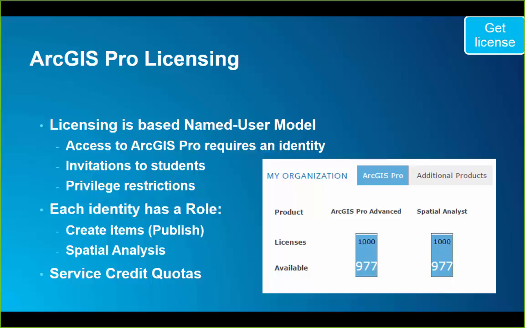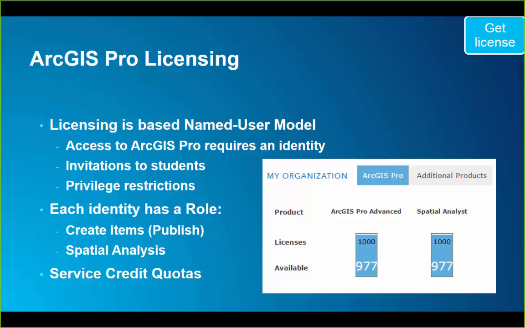To access ArcGIS Pro, it's assumed that you have an identity or a named user account that is part of your school's ArcGIS Online subscription. Once in place, your school's ArcGIS Online administrator can assign ArcGIS Pro licenses and appropriate extensions to students through custom roles or even through groups.